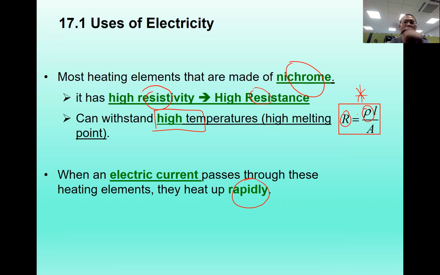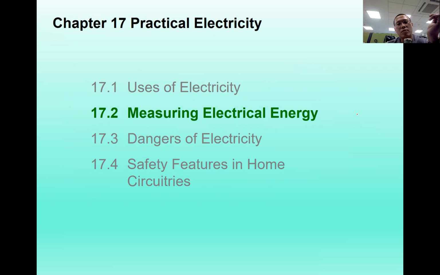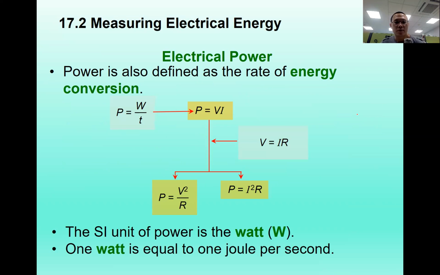That's why we usually opt for the use of nichrome, because it has high resistivity. Other possible uses can be light energy, or even sound energy that we use in a speaker. But heat energy is one of the common things that we talk about in electricity.